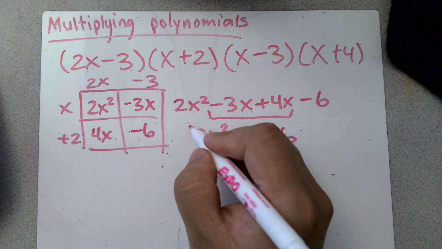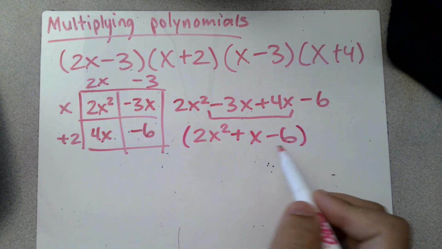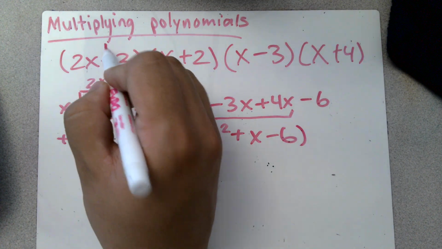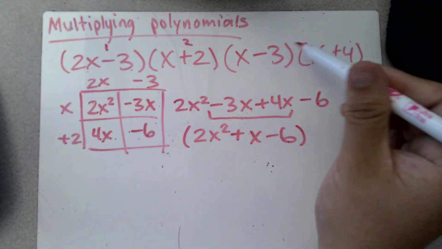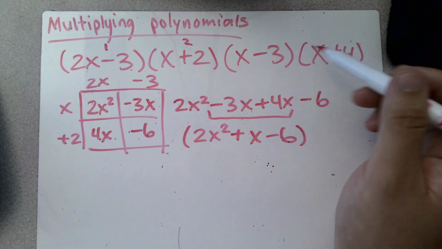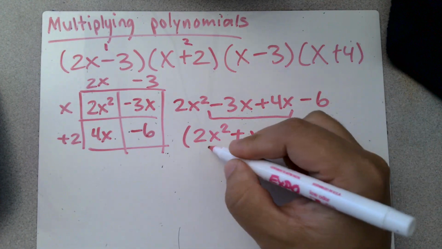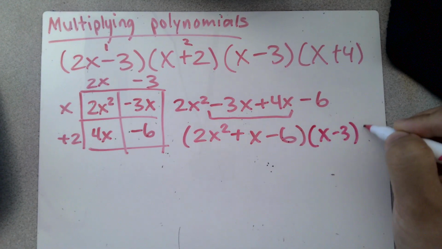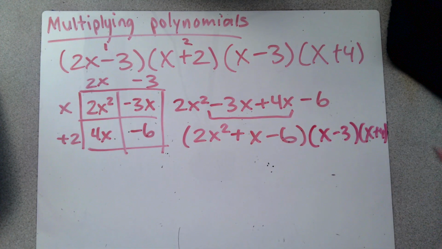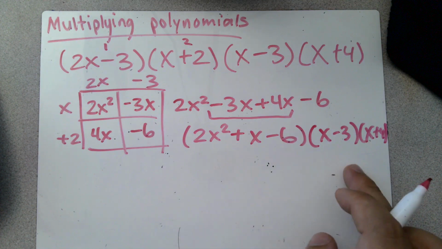So now I have this. This is the result of multiplying this term and this term. I haven't done any of the multiplication with the rest. So I'm going to rewrite this as (2x squared + x - 6)(x - 3)(x + 4). I'm just going to keep going left to right for now.